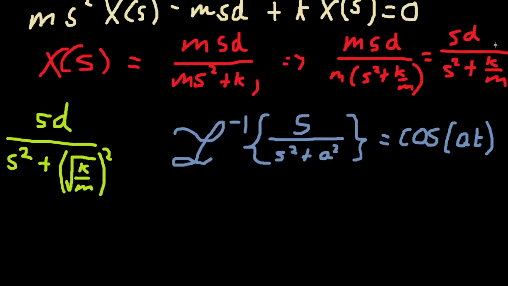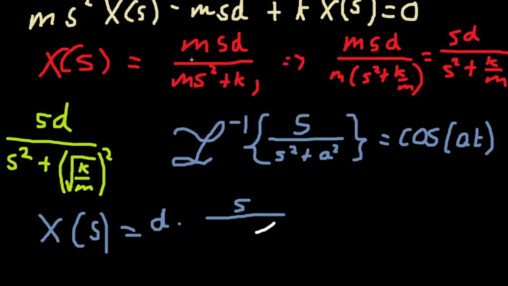Right? So we get that X of s is equal to d times s over s squared plus the square root of k over m, squared.